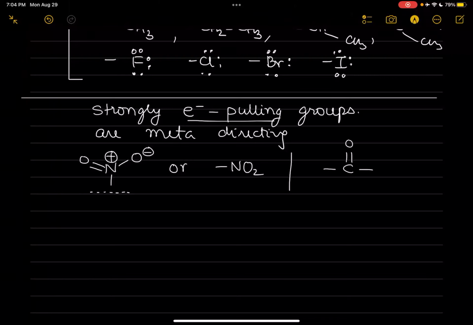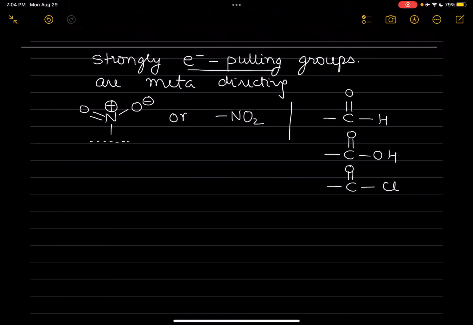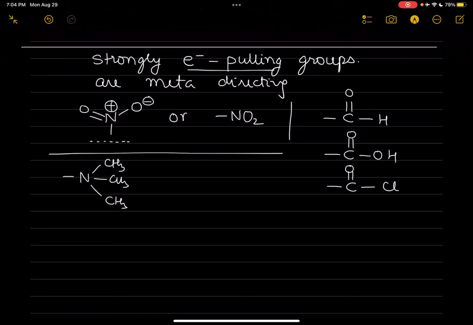For example, aldehyde group, carboxylic acid group, all the carboxylic acid derivatives, they are all meta directing, or the groups which are having a positive charge on them, like NCH3, all these groups are meta, or sulfonic acid.